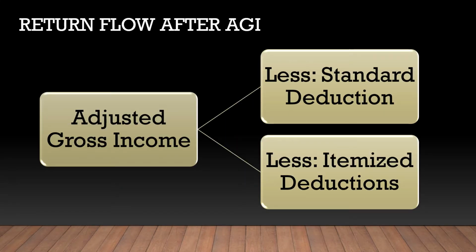After we reach our adjusted gross income line, we have a kind of a split in the flow of how a return is going to go. Some people are going to be able to deduct the standard deduction, and some people are going to find that they get a better tax deal if they itemize their deductions.